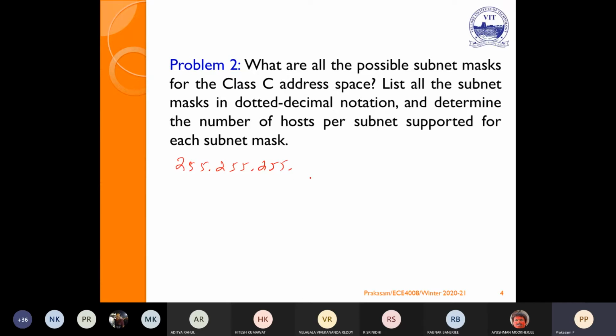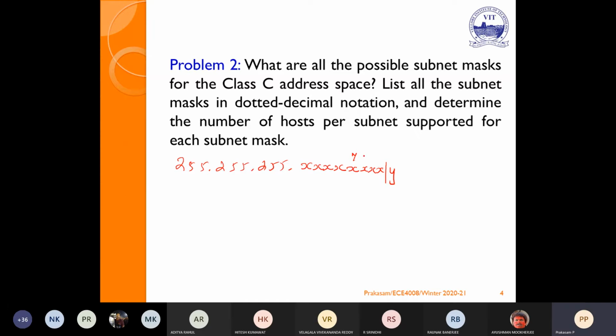In the last field, let us assume out of 8 bits, because we have to allocate a few for the host also, we are allocating 7 bits for subnet and 1 bit for host.